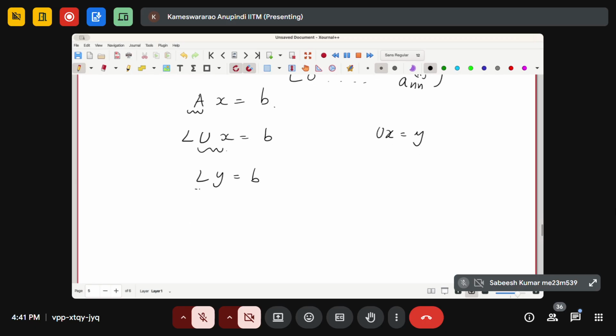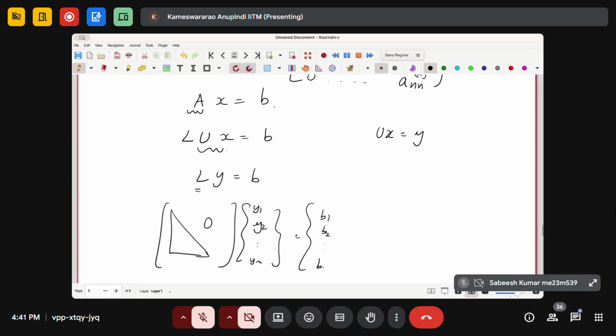We know that L is a lower triangular matrix, right? That means this has all the values here and all zeros above, times Y, which means Y1, Y2 all the way to Yn, equals B1, B2 all the way to Bn. I know the right-hand side.